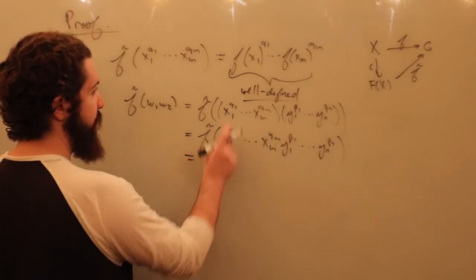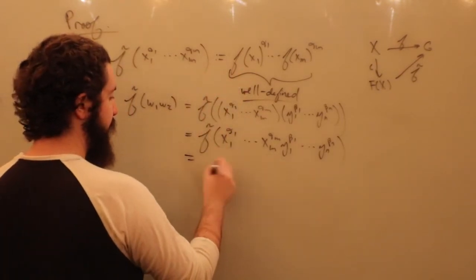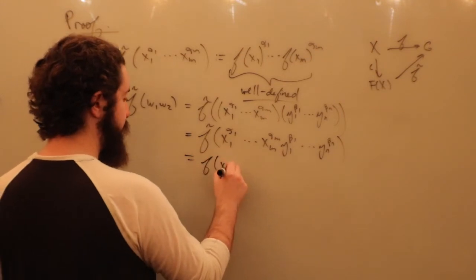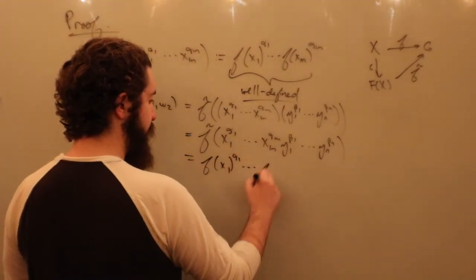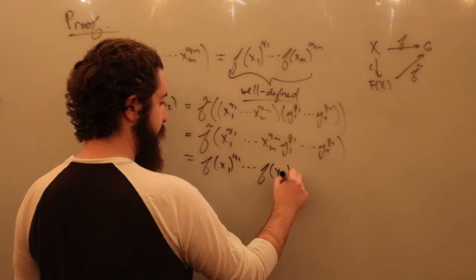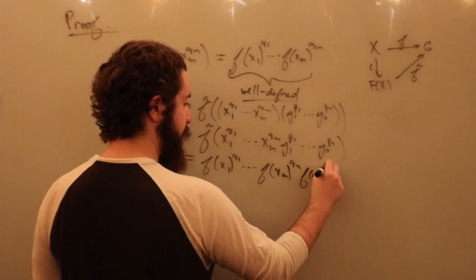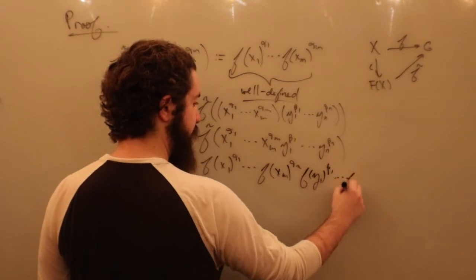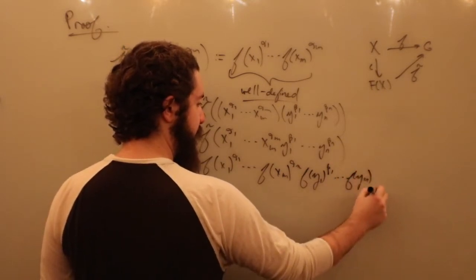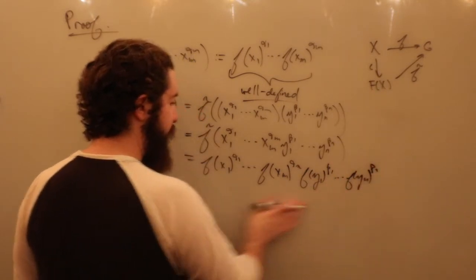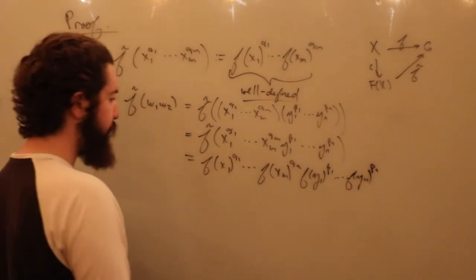And this is going to be, by our definition, equal to f of x1 to the alpha 1 all the way up to f of xm to the alpha m, f of y1 to the beta 1, and f of yn to the beta n. And this is going to be well defined in the group G.